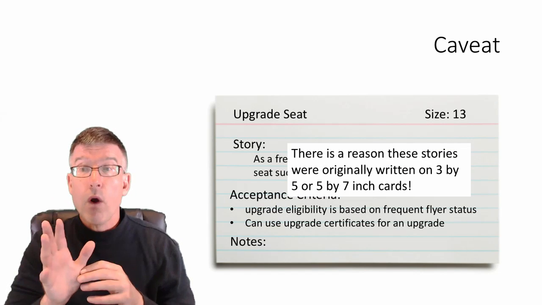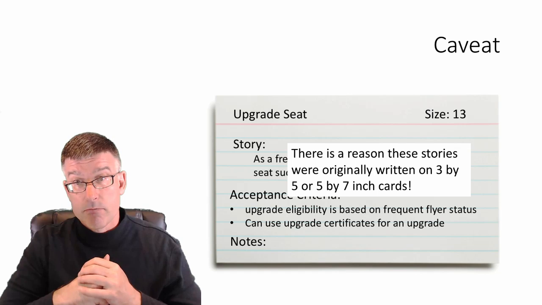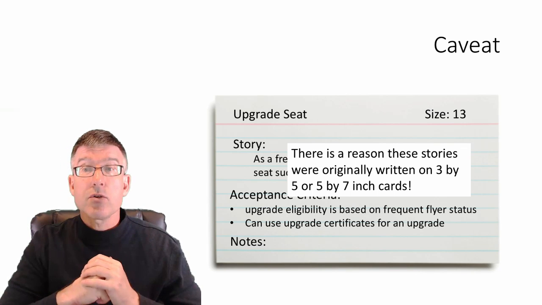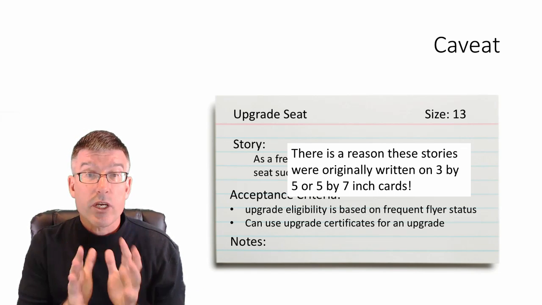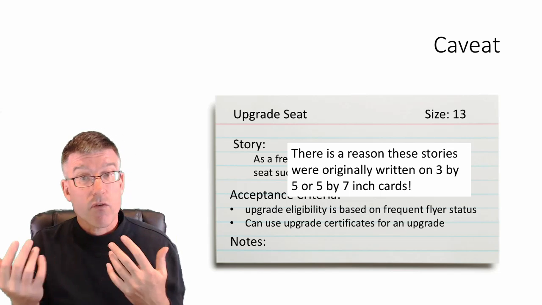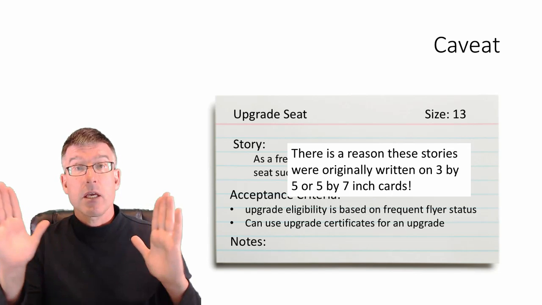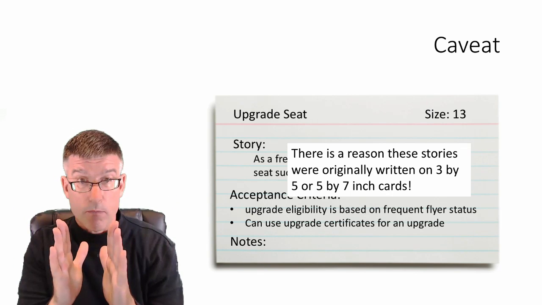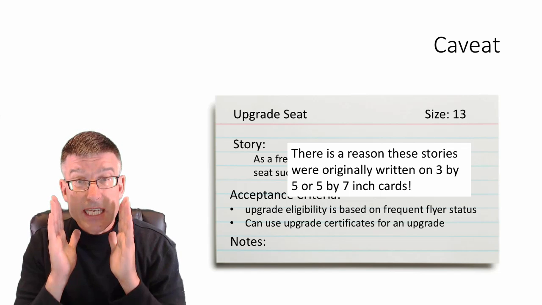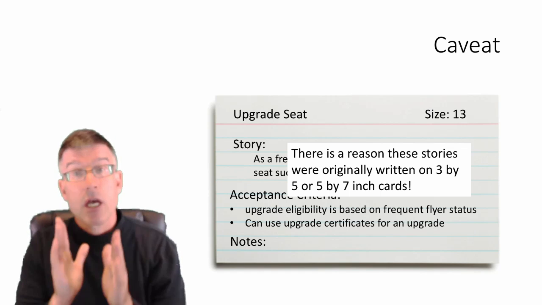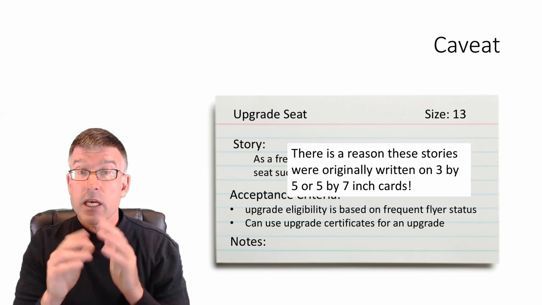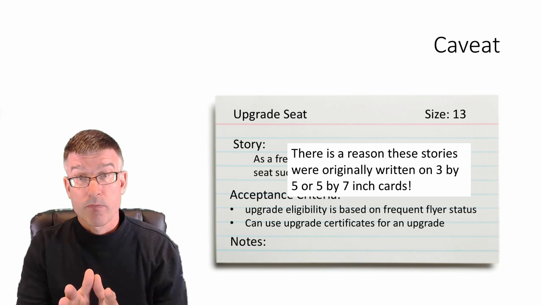Now, remember one other thing too on all of this. There was a reason user stories were written on 3x5 or sometimes even 5x7-inch cards. It was to keep the story small, something that could be implemented and delivered by a development team in one iteration, right?